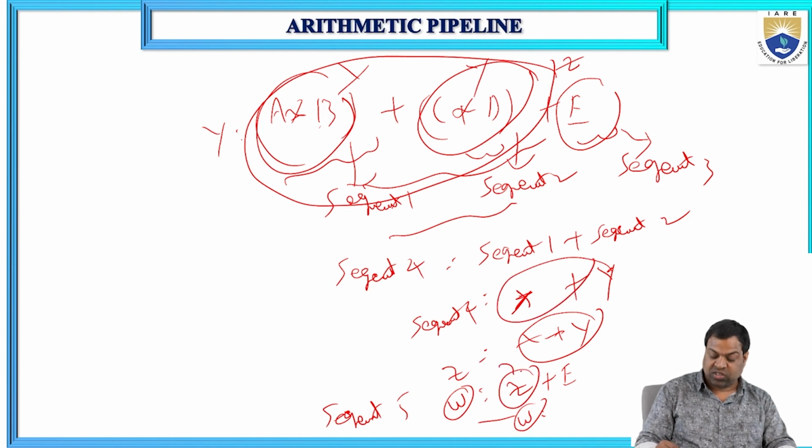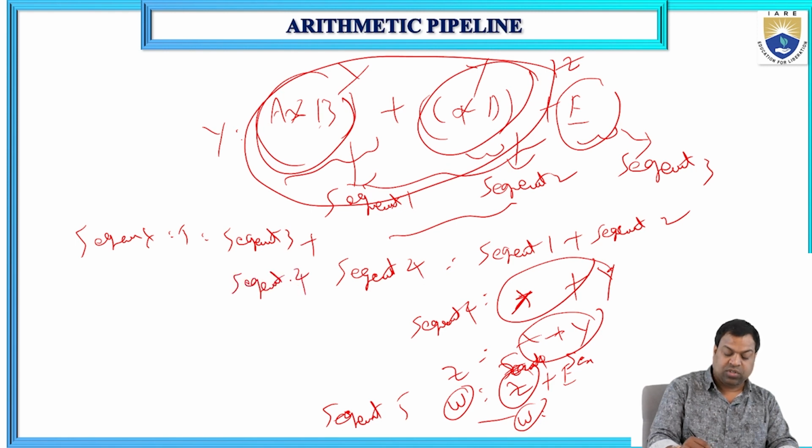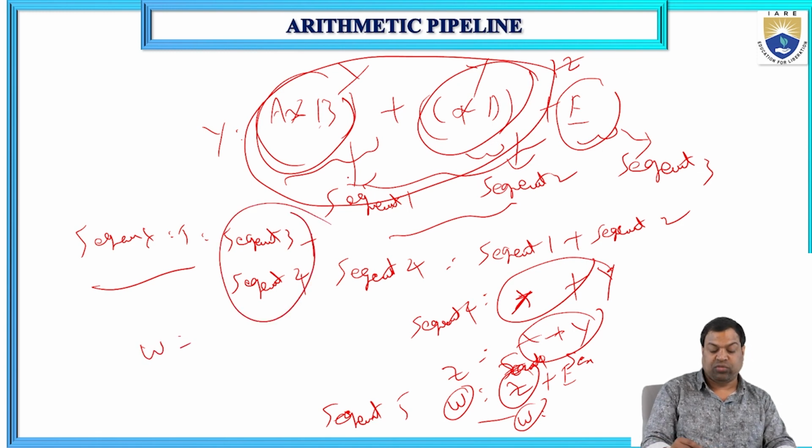Z. So z plus e, that means segment 4 value plus segment 3 value. So segment 5 equal to segment 3 plus segment 4, that is w. It is the total of a into b plus c into d plus e.